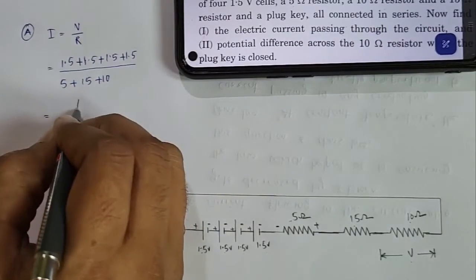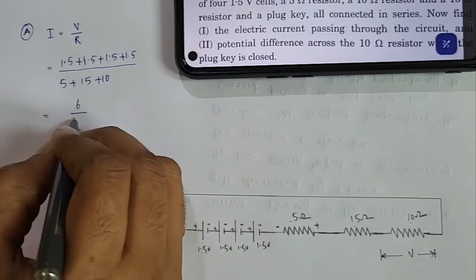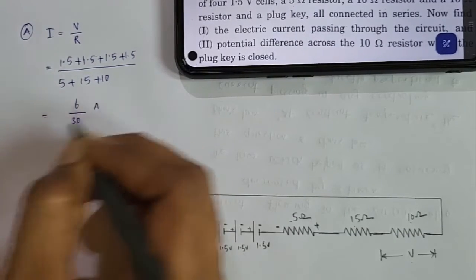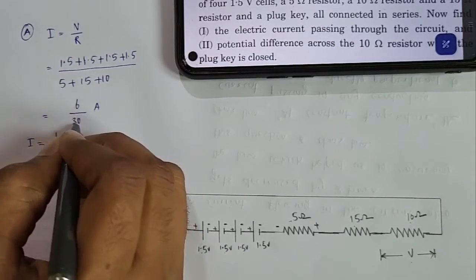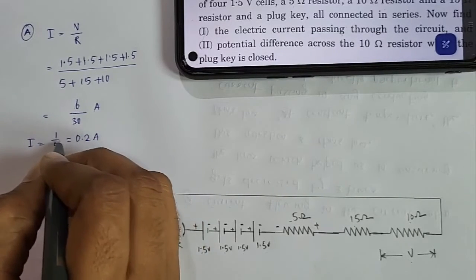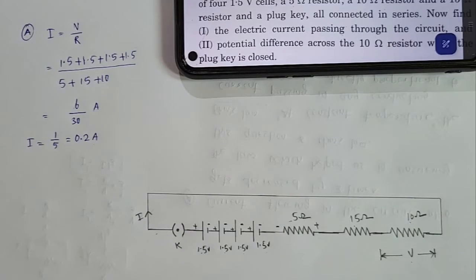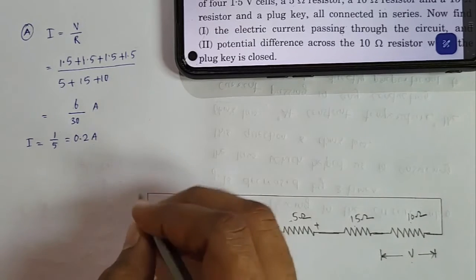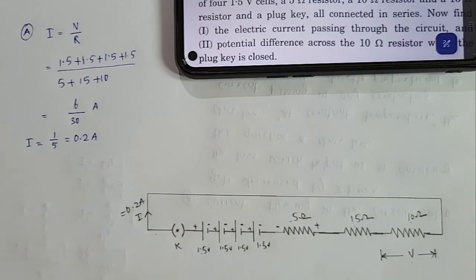It is going to be 6 divided by 15 plus 15, 30. 6 by 30 amperes means the current is going to be 1 divided by 5. 5 ones are 5, 5 twos are 10, that will be 0.2 amperes. So current is 0.2 amperes. We got the current here as 0.2 amperes.